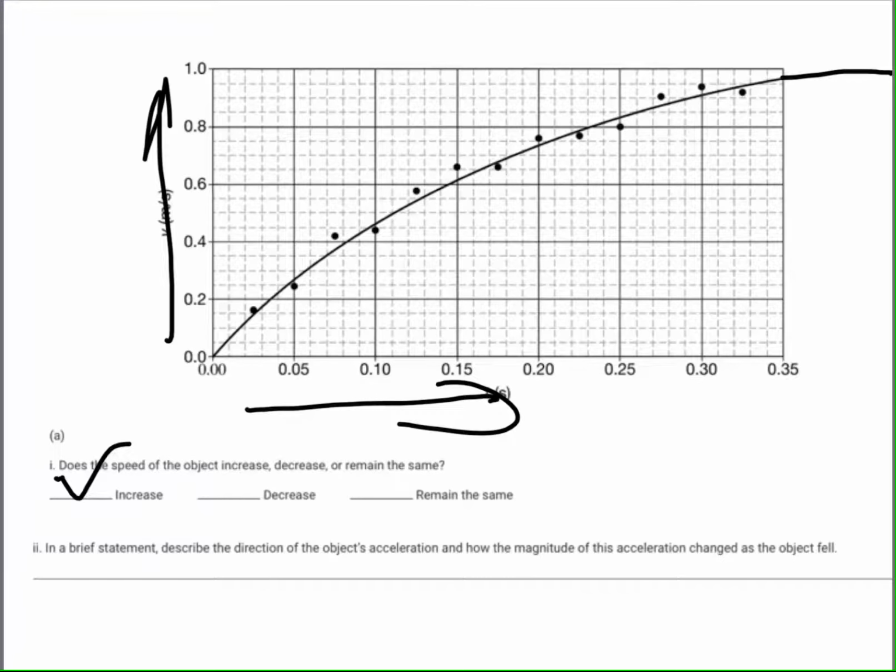Now, question 2. In a brief statement, describe the direction of the object's acceleration and how the magnitude of this acceleration changes as the object falls. So the direction of it is downwards because it's going down, right, according to the picture.